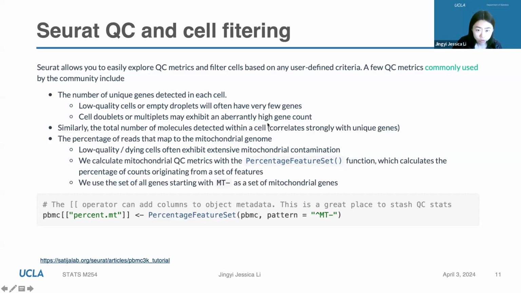And the threshold, I can say, is arbitrary. So many people, even though they use Seurat and Seurat has default thresholds, on a particular data set there's no guarantee that these filtering thresholds are optimal. So we will talk about the thresholding later.